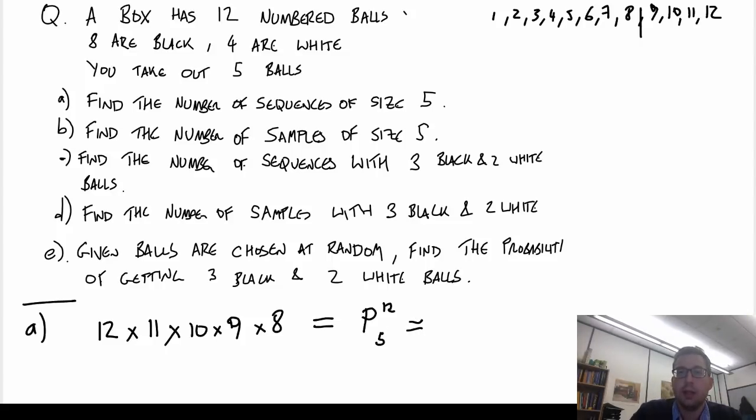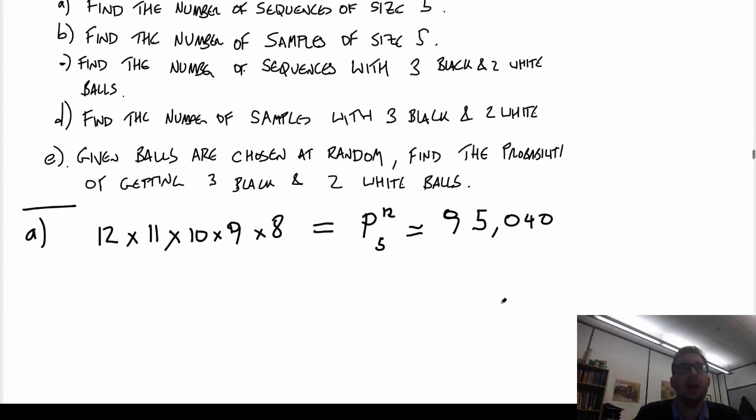You can check in your calculator that should be 95,040. Now, how about the number of samples of size 5?